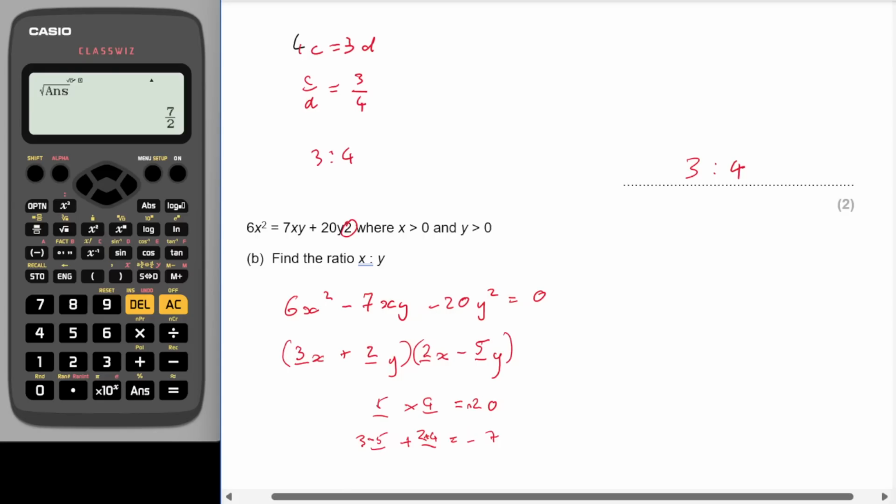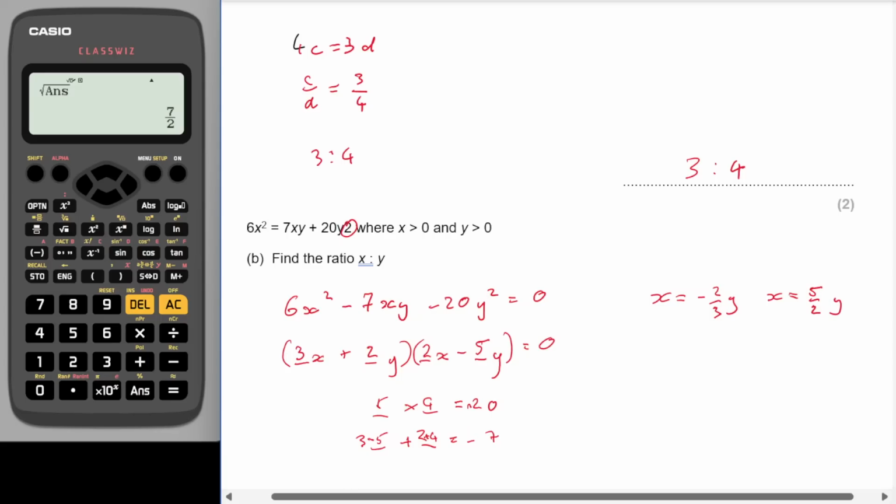Right. That will give us two values for x. For two things to multiply together to make 0, one of the values has to be 0. So either x is equal to minus 2 over 3y, or x is equal to 5 over 2y.